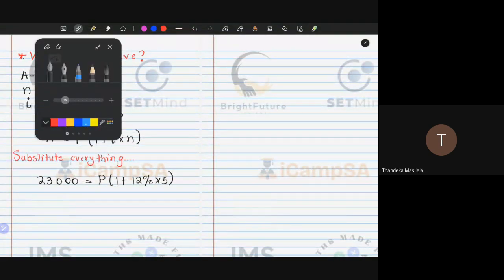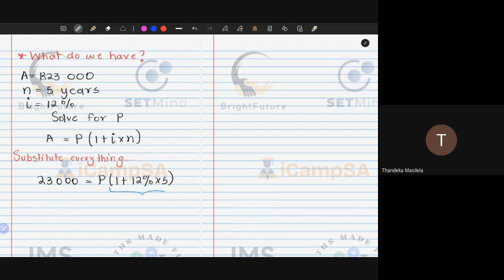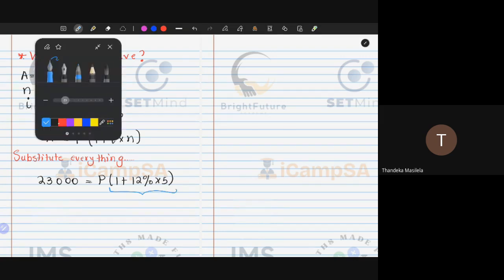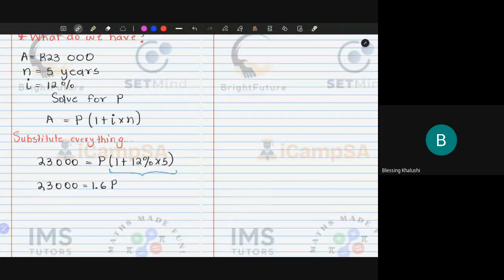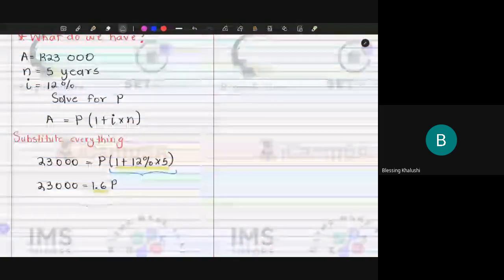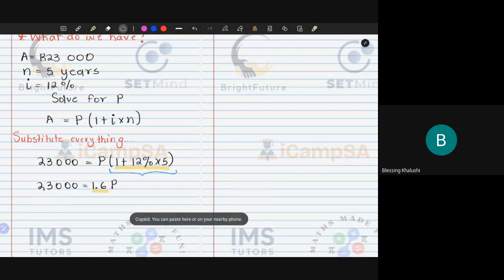So I need you guys to go to your calculator and quickly help me to figure out what is the number that is going to end up multiplying P. 1.6. So we have 1.6 multiplied by P when we work out this portion, okay? So now when we look at this problem carefully, we are looking for P, not P multiplied by 1.6. So what do we need to do for us to get the P, guys?